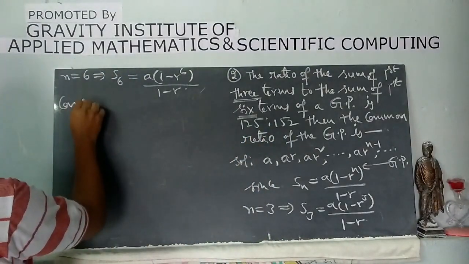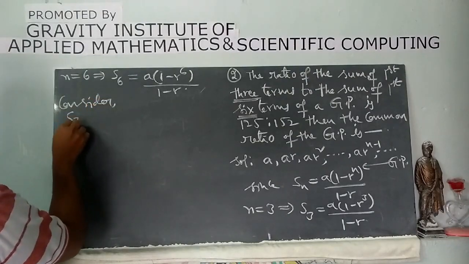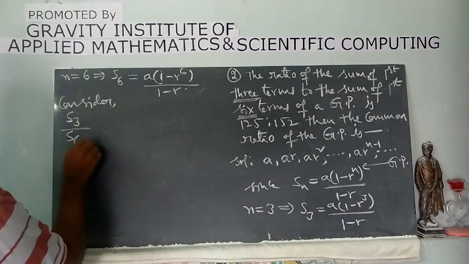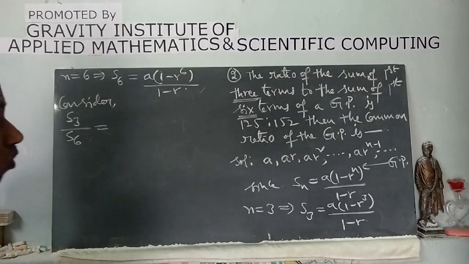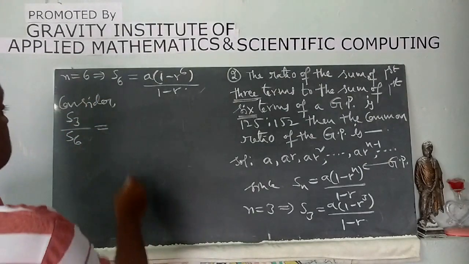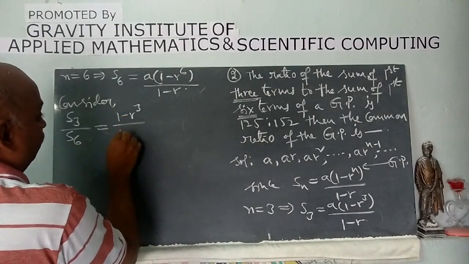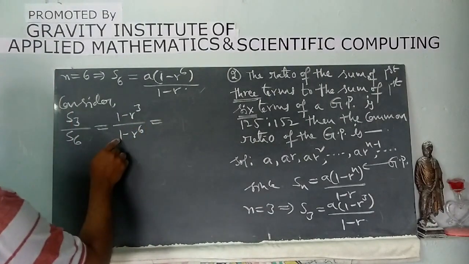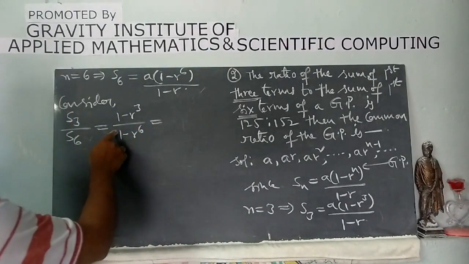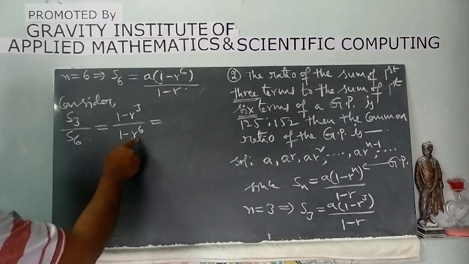So consider S3 by S6, which is equal to 1 minus R cubed by 1 minus R to the power of 6, which is equal to, this is 1 cube whole square and this is R cube whole square, A square minus B square.